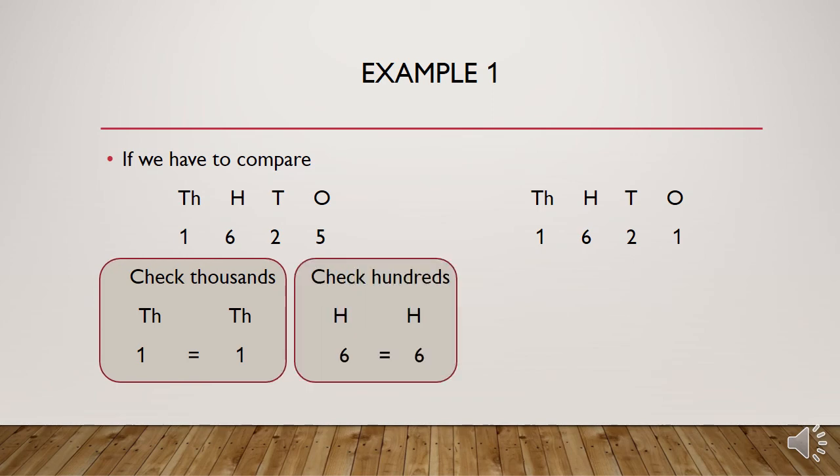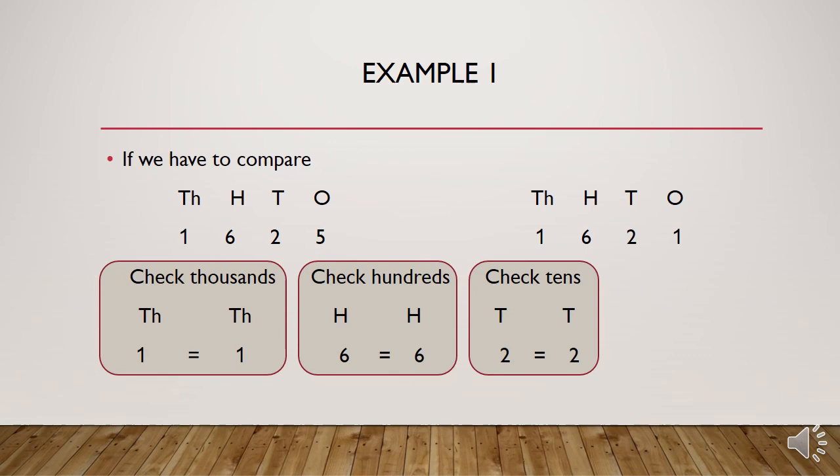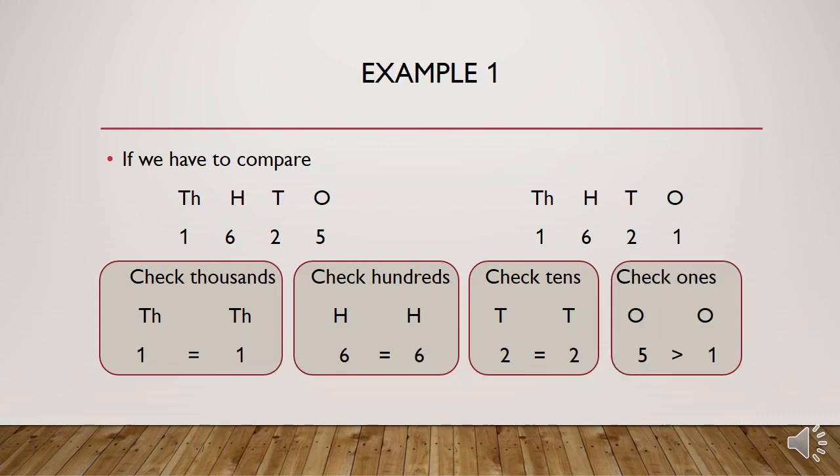We see that hundreds are also the same, so we check tens. Tens are also the same. Finally, when we compare ones, we see that there are 5 ones in the number on the left hand side and 1 one in the number on the right hand side. As 5 is greater than 1, so 1625 is greater than 1621.